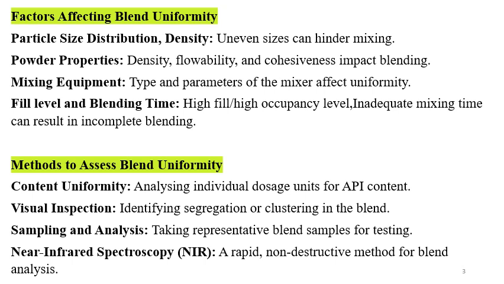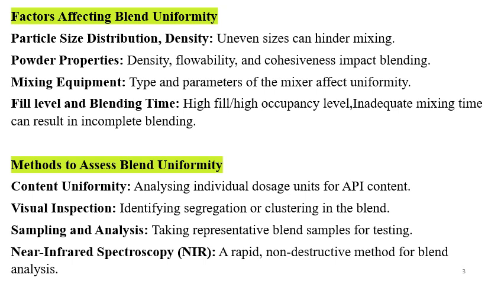Now see the factors which affect the blend uniformity. First of all, I will say the manufacturing method affects the blend uniformity. If you are using methods like wet granulation, dry granulation, roller compaction, slugging or direct mixing and compression, these methods affect the BU. Then particle size and density.